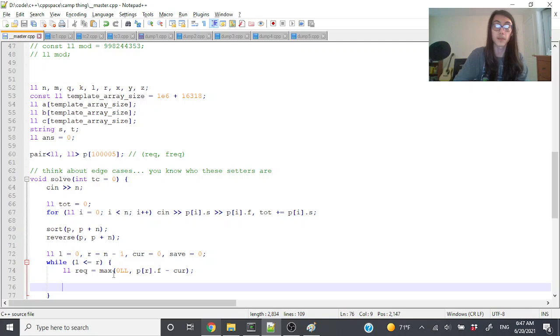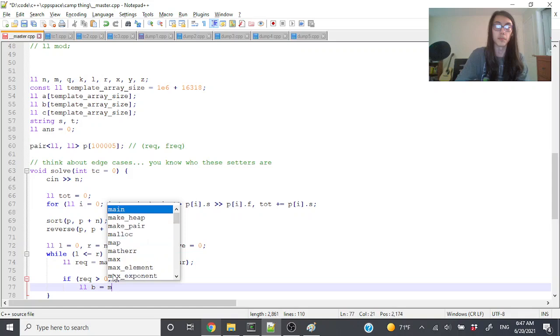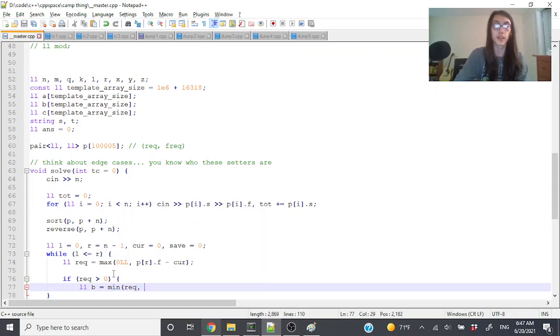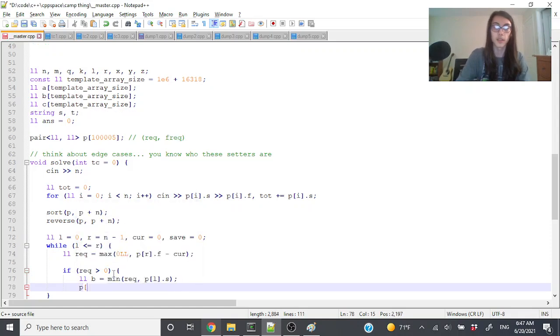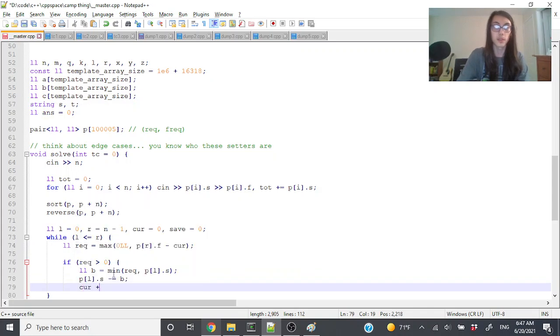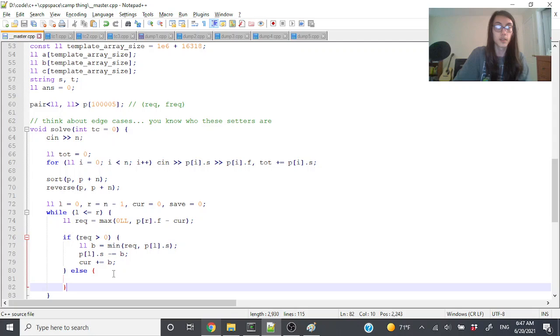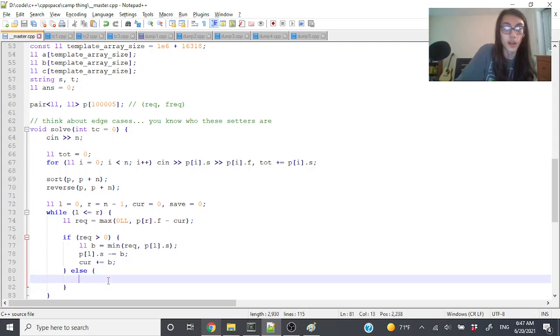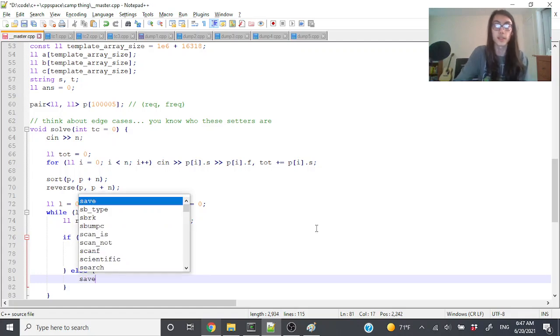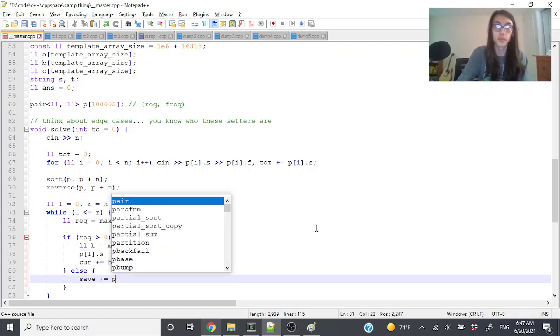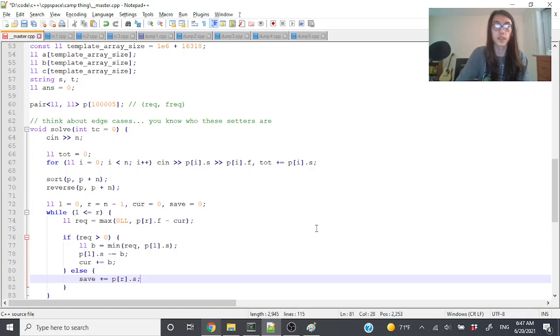Okay, so if rec is greater than 0, then we buy the minimum of rec and the amount we can buy from the hardest item, PL.second. PL.second minus equals B. Cur plus equals B. Else, we can buy everything from here. So save plus equals PR.second.